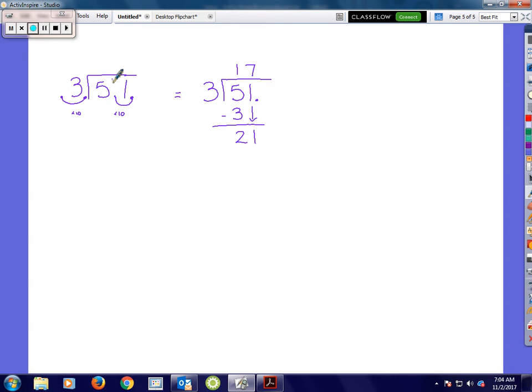Okay, so 3 goes into 5 1/10, 17 times. Or, sorry, not 3. 3/10 goes into 5 1/10, 17 times. So that is your answer. Okay, now let's try another one, because I wanted to try one with 2 digits.